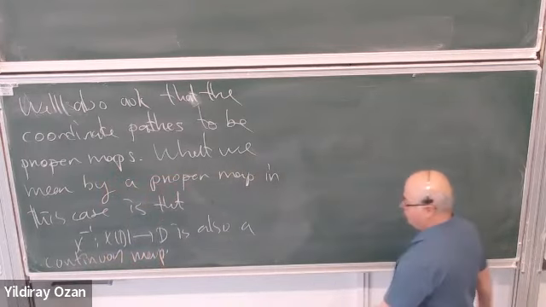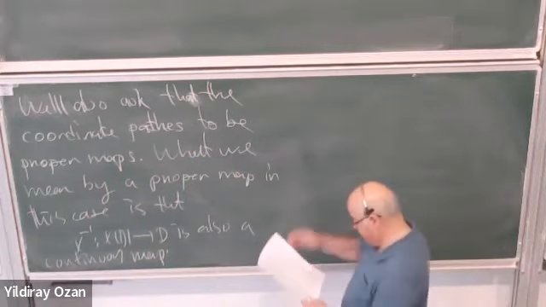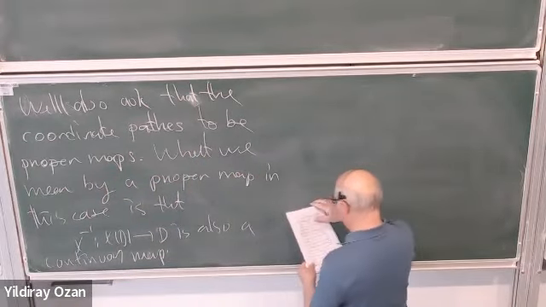So in other words, we ask X to be a homeomorphism onto its image.